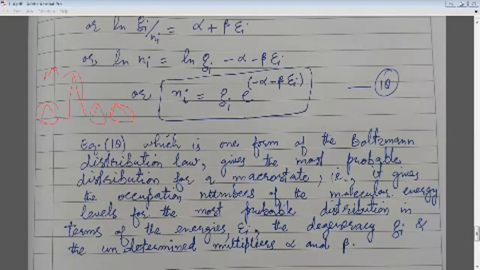And these macrostates basically contain microstates, and this is the sharp one. This contains the maximum number of microstates. So the one which contains the maximum number of microstates will simply be the most probable distribution. Okay, thank you.